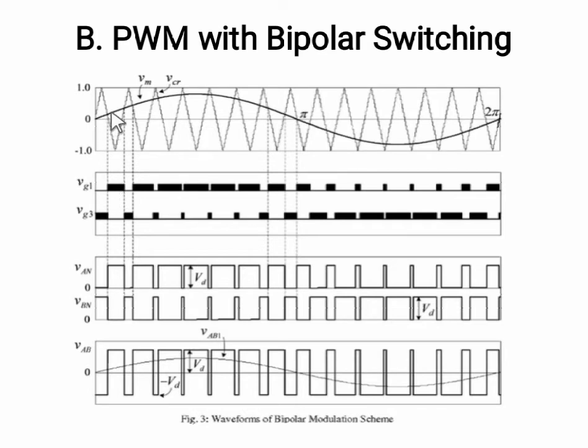This is for this pulse, and this for this pulse portion, and the remaining portion is inverted. So G1 is inverted and we get G3. Inverted means 0 becomes 1 and 1 becomes 0. So we get two pulses: this is for G1 and this is for G3.